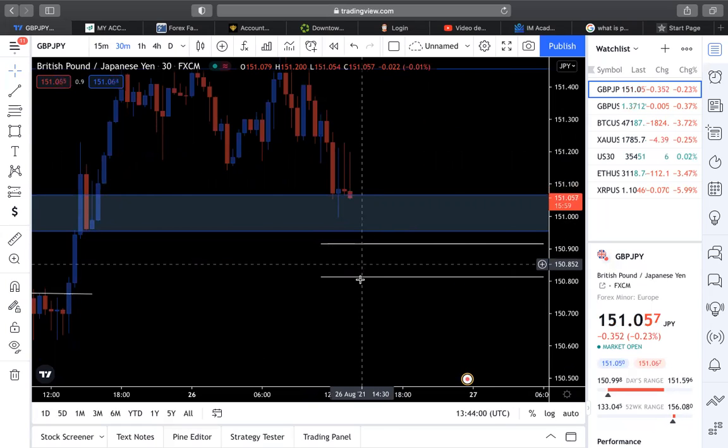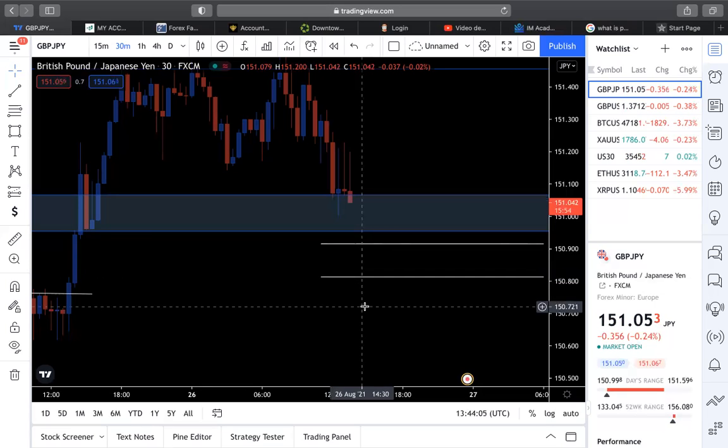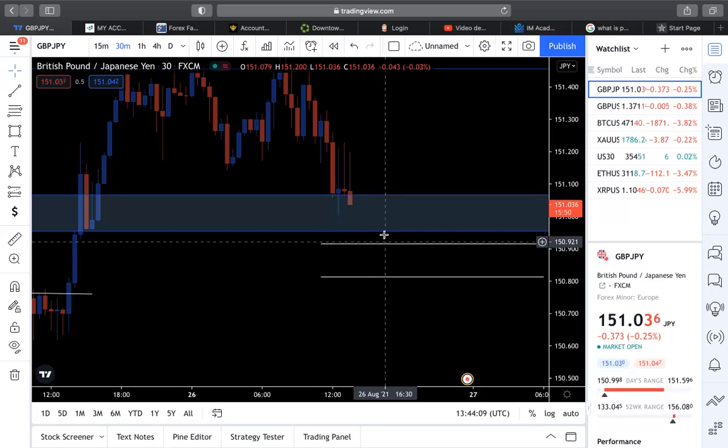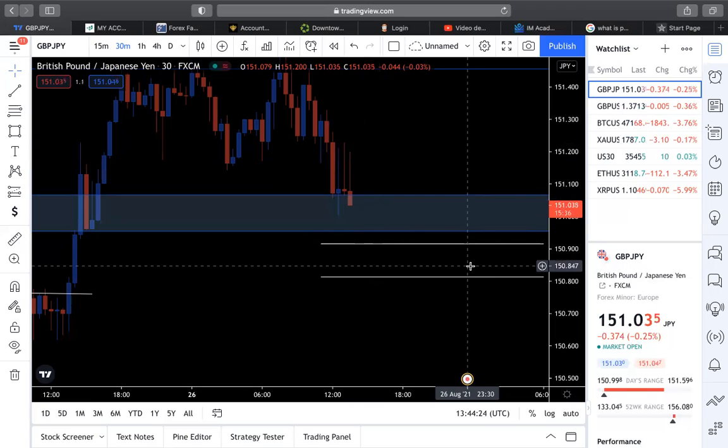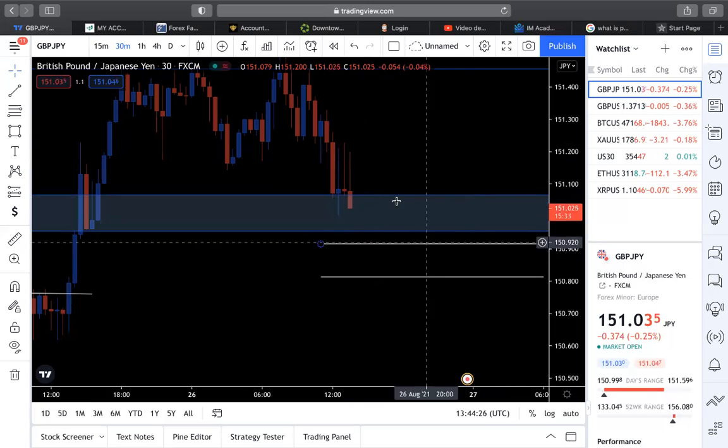And if I see GJ come to my exit point, that's where I'll take out partials and leave the rest running. I'm just trusting what I see. I'm not gonna be like, oh, GJ just went into drawdown, I think it's gonna come back to my entry so I can make my 10 pips. Nah, if you say that, GJ might just come back down, and then you're gonna be in a massive drawdown. That's why it's important to trust what you see, trade what you see. GJ is dropping right now.